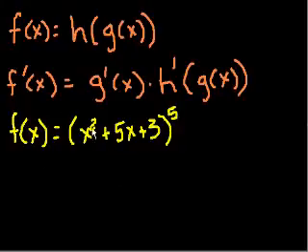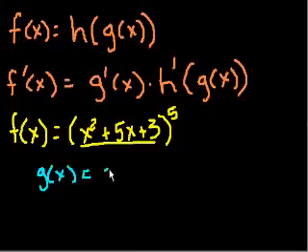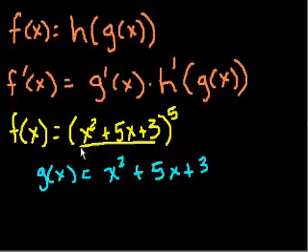Well, let's say g of x would be this inner function. G of x here is x squared plus 5x plus 3, right? It's this stuff. That's g of x. And what is h? Well, h of g of x is this whole thing.